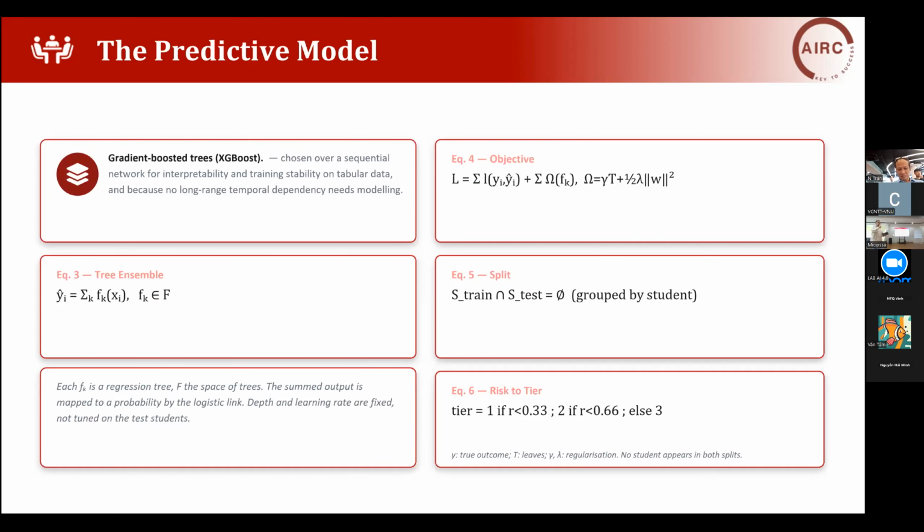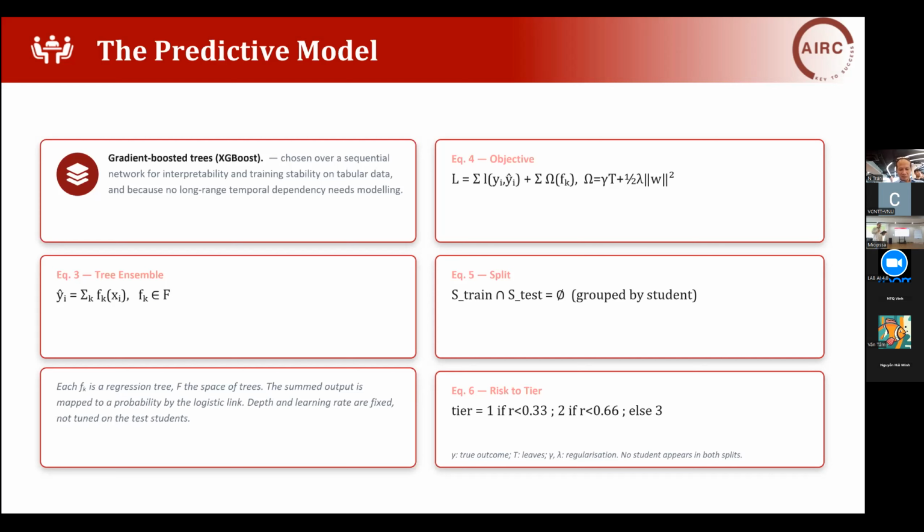About the risk calculation, I use XGBoost, a gradient boosted decision tree. I chose it over a neural network for interpretability and training stability on tabular data. The ensemble sums the outputs of many trees, each correcting the errors of the previous tree.